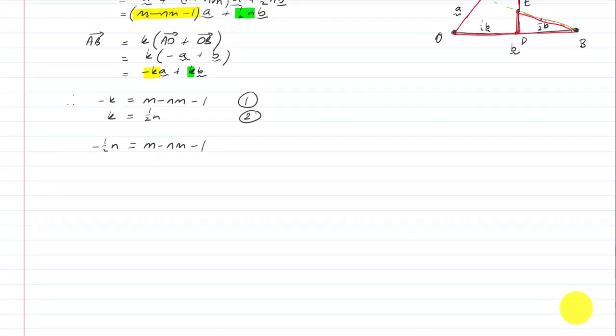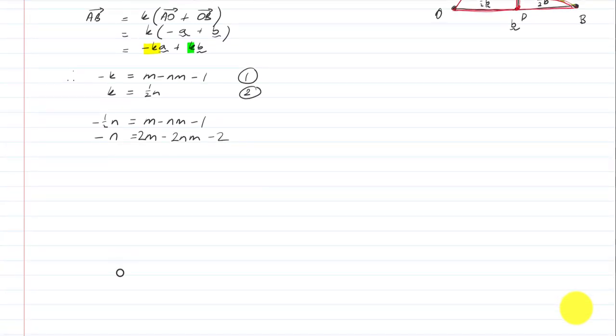Now, I'm not a big fan of halves, so I'm going to double everything. I get negative N equals 2M minus 2NM minus 2. And I need to get M by itself, so I'm going to swap sides first of all. Just makes my life a bit easier. And then I'm going to start rearranging to get M by itself.